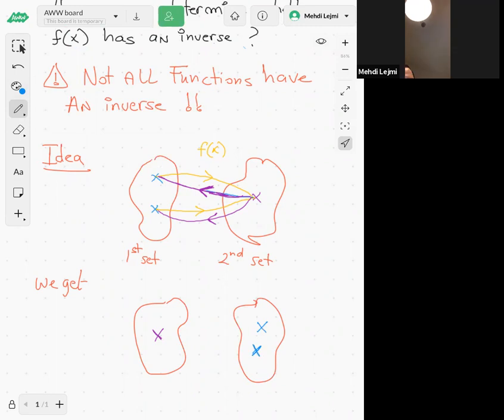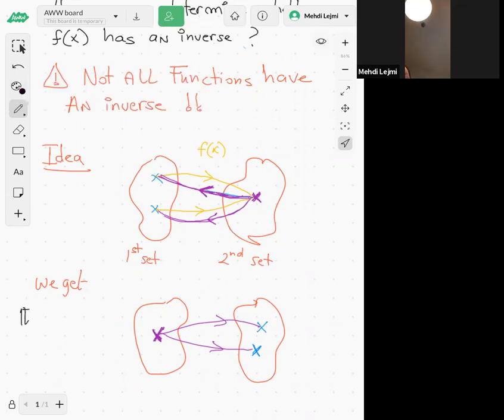And what I'm saying is that this point here goes here and here, right? Now, my question for you guys is, is this correspondence a function? Well, the answer is no, because as you can see, this input has two different possible outputs, right? So this is not a function.